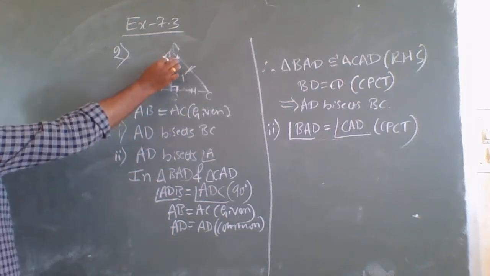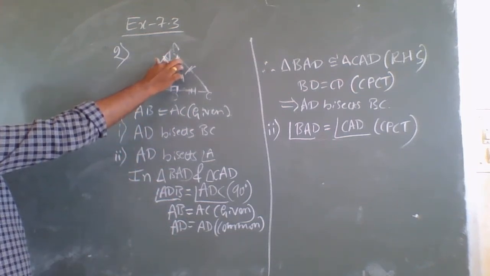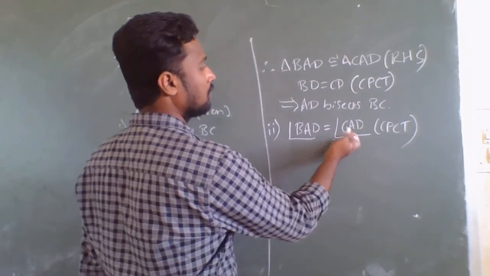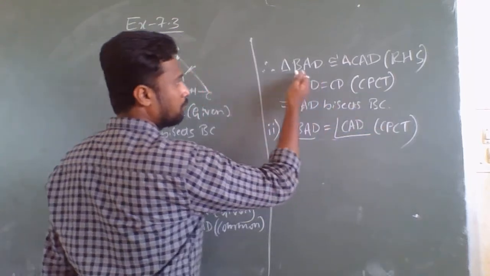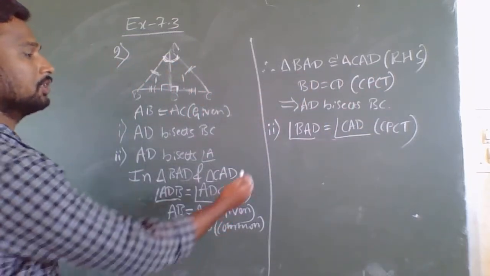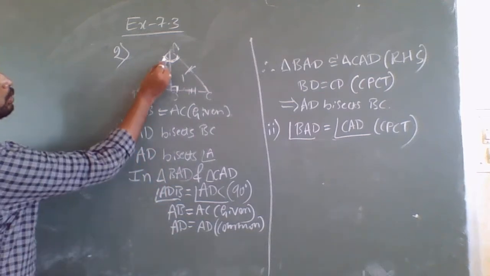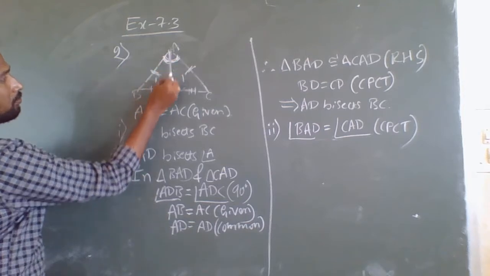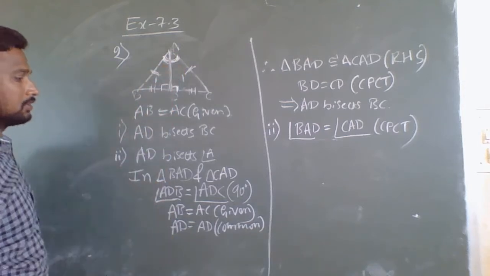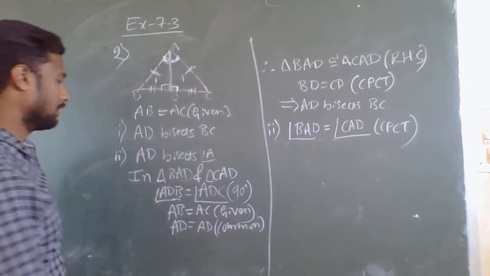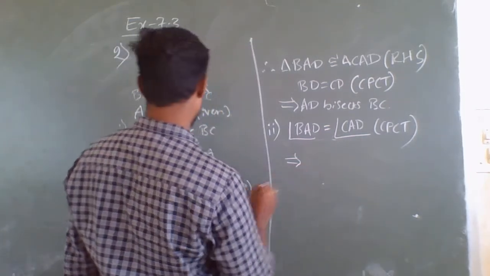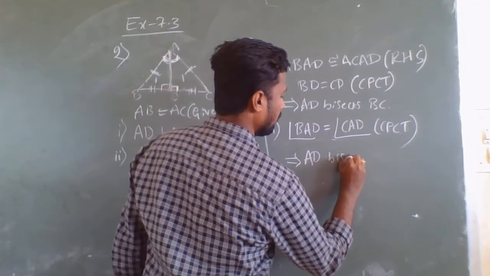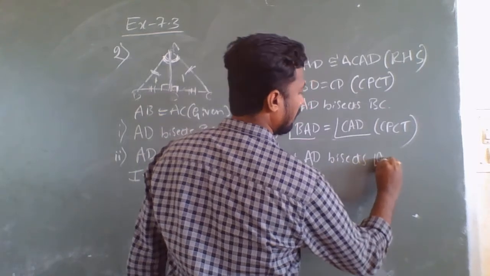Therefore, these two angles are corresponding angles of congruent triangles BAD and CAD. Therefore, these two angles are equal. If these two angles are equal, then this line AD bisects angle A. Therefore, AD bisects angle A.